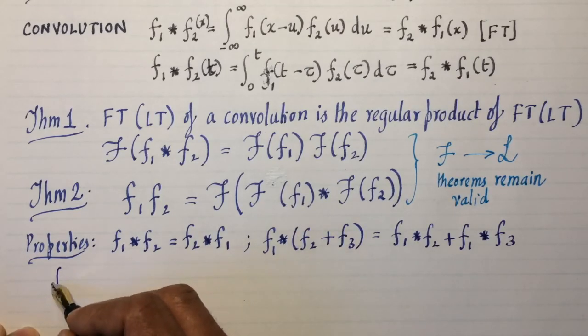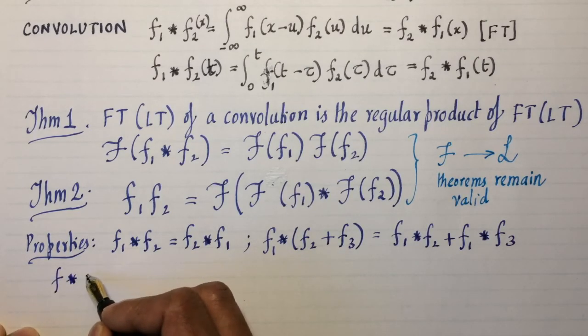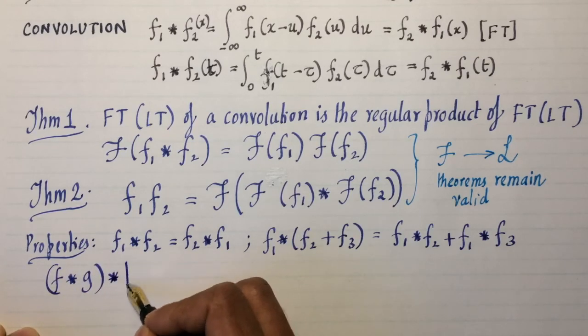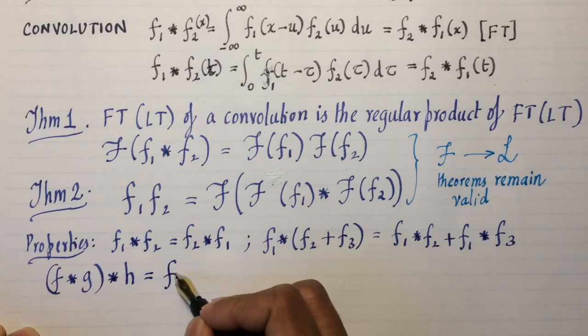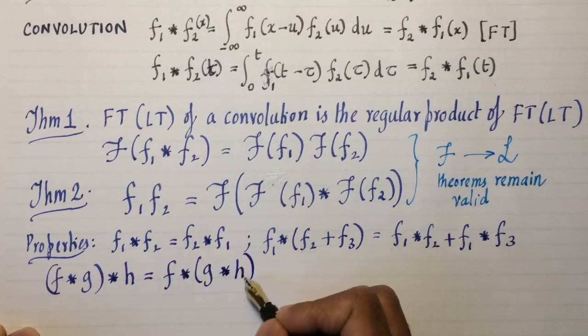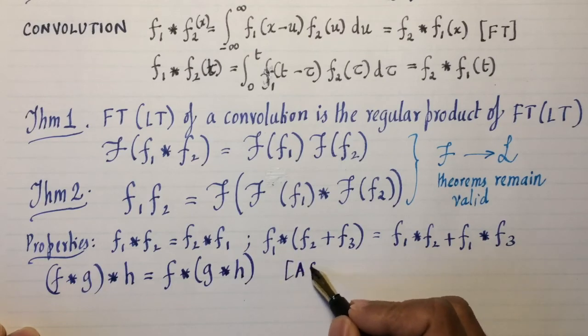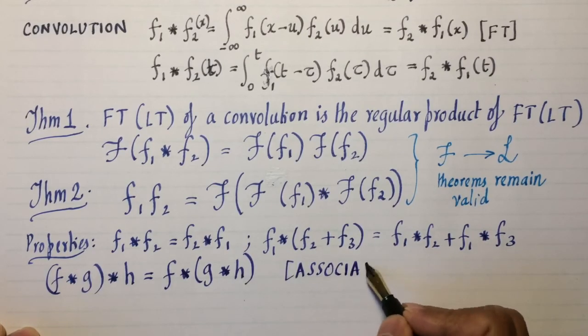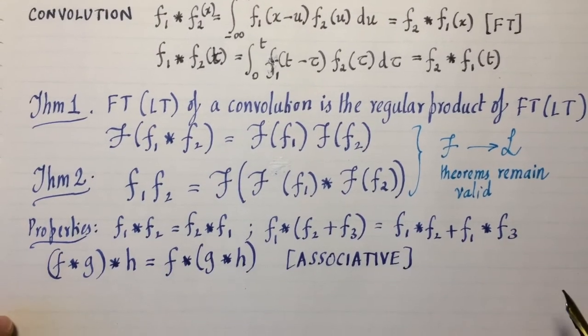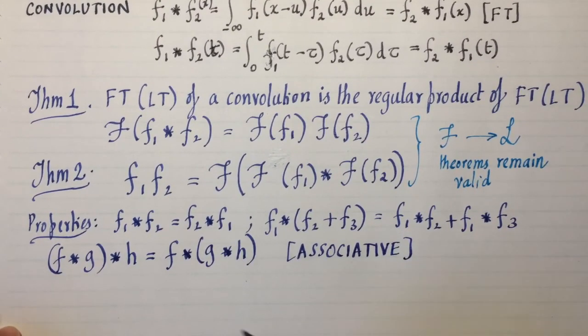And this property is very important, and it's called the associative property. And later on in this week's videos, I will talk about the Dirac delta function. For now, you just accept this, please.